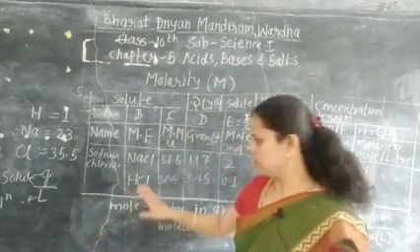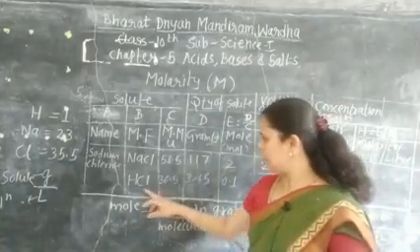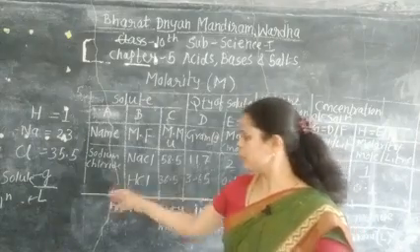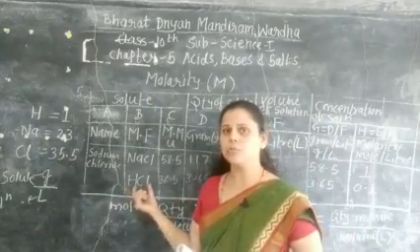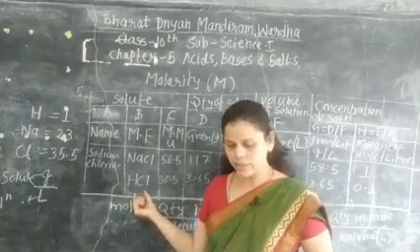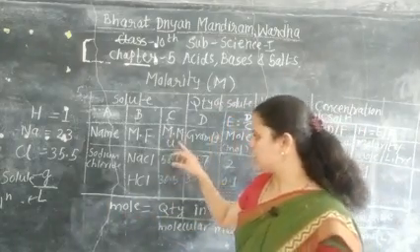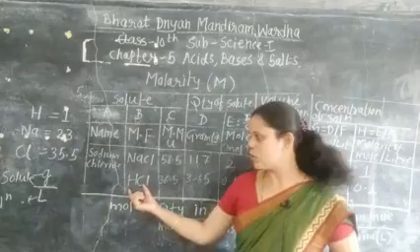Again I explain the second row, that is HCl, hydrogen chloride. Clear? Then the next column is molecular mass. Calculate the molecular mass of HCl.